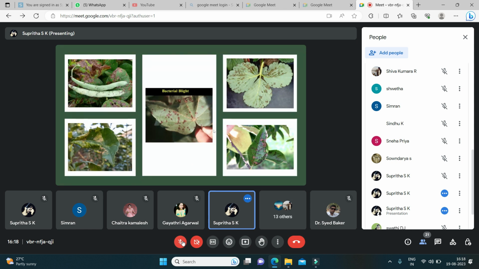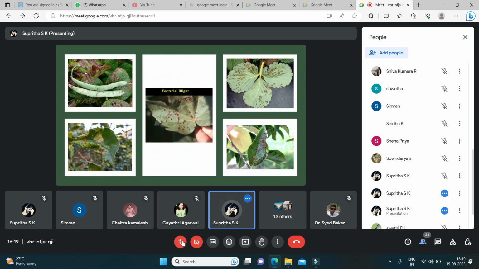With respect to these symptoms, we can also see black streaks on the twigs, which is one of the symptoms, and also dark brown necrosis. Before the leaves mature, they curl and twist. This is also a symptom.